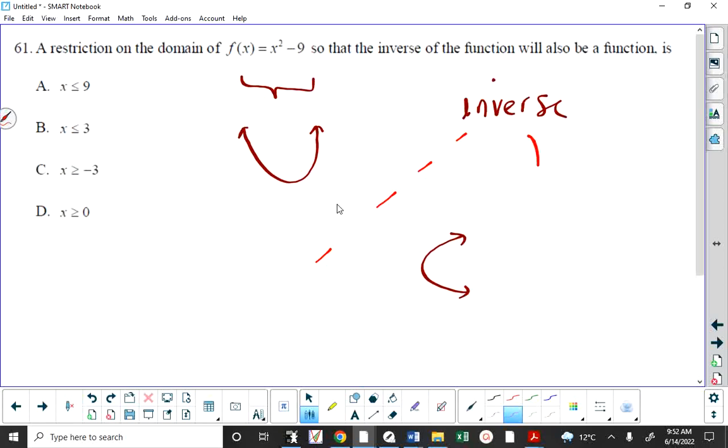Is this inverse a function? No. Why not, in your own words? Right, the vertical line test shows that it's cut at least twice in many places. And the way I prefer to think of it is, the reason it's not a function is there's a top and there's a bottom.